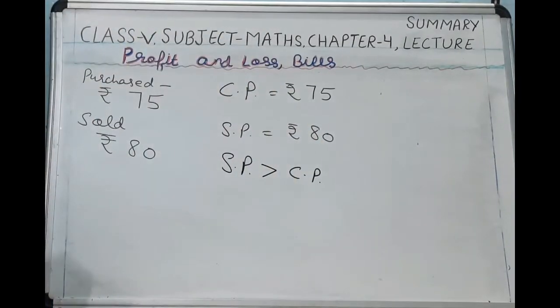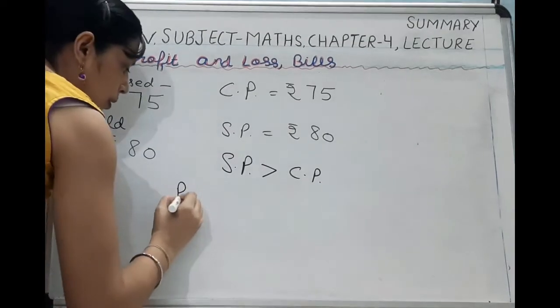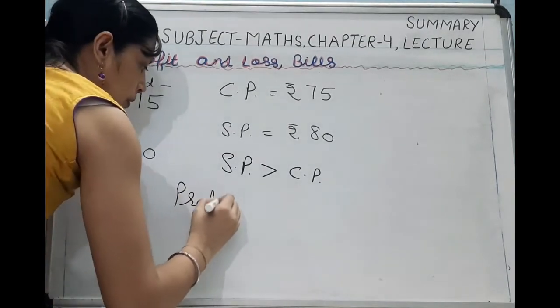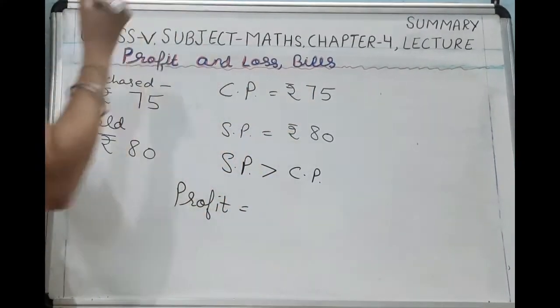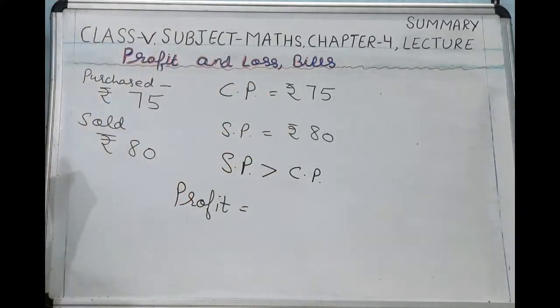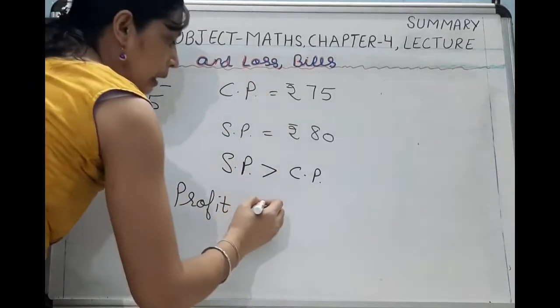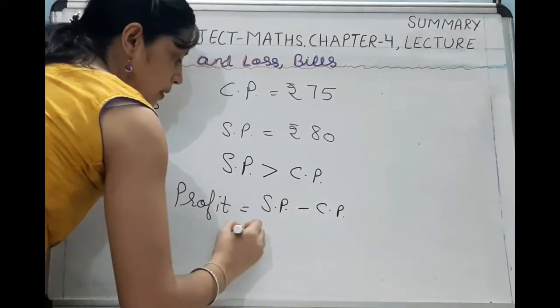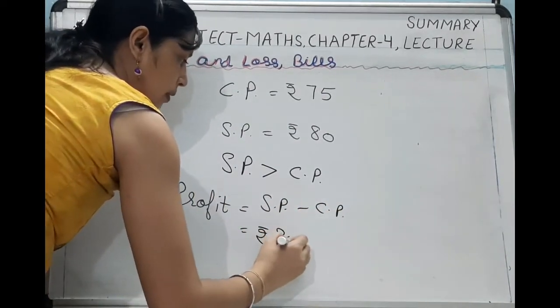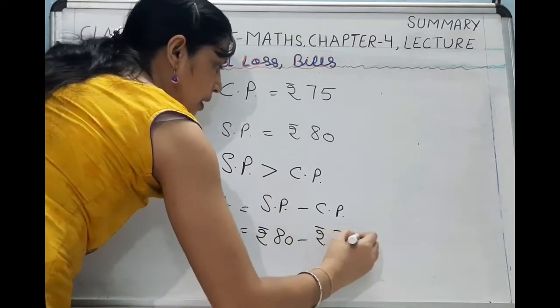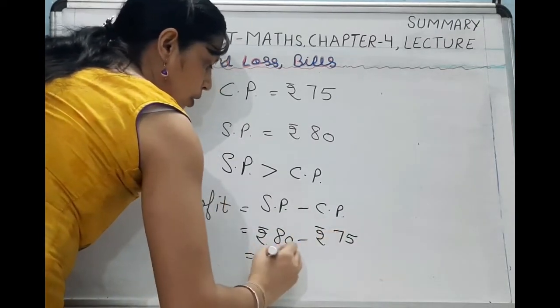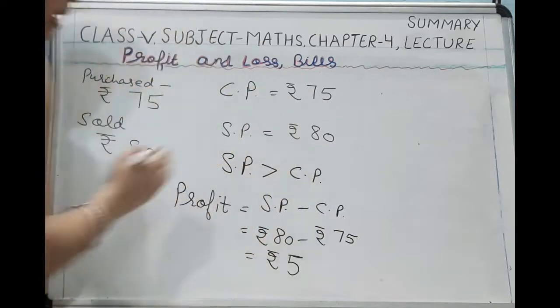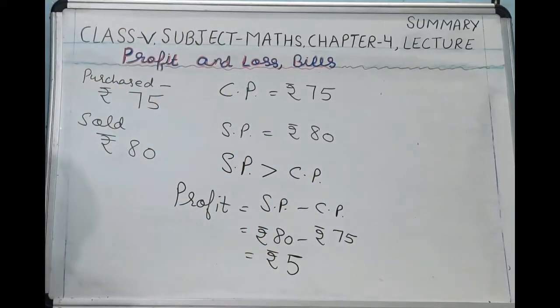In this case, there is a profit. मैंने 75 रुपीज का टॉय परचेज किया और 80 रुपीज में बेच दिया अपने फ्रेंड को, तो मुझे प्रॉफिट हुआ कितना? सेलिंग प्राइस माइनस कॉस्ट प्राइस, rupees 80 minus rupees 75. So I got the profit of rupees 5. तो इस डील में मुझे 5 रुपीज का प्रॉफिट हुआ.